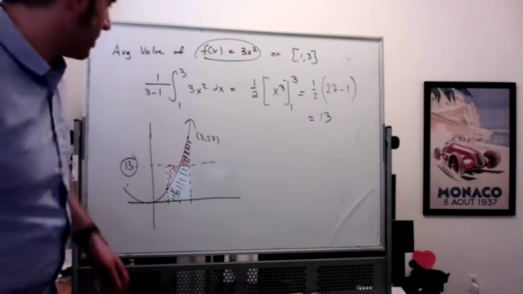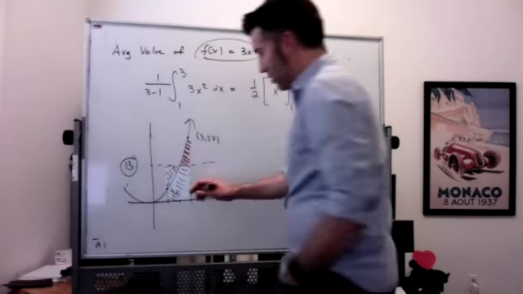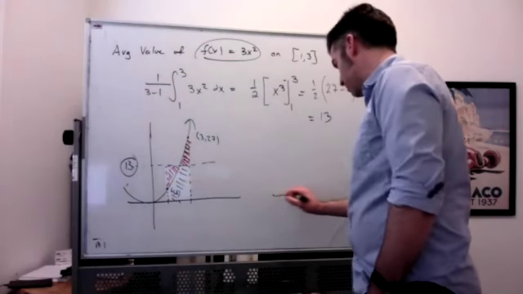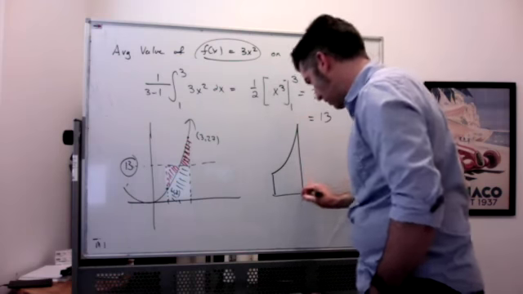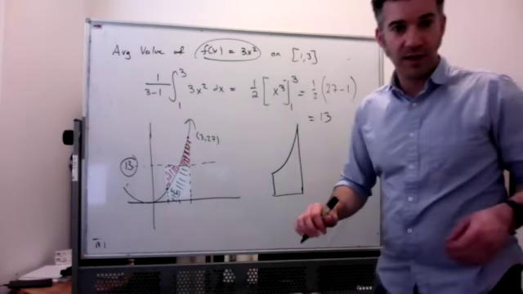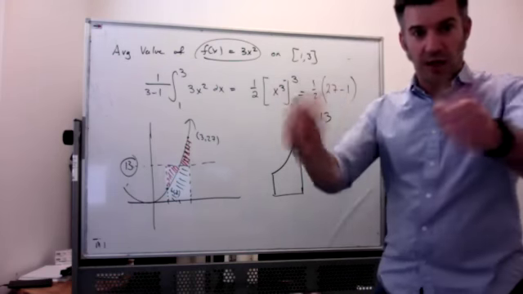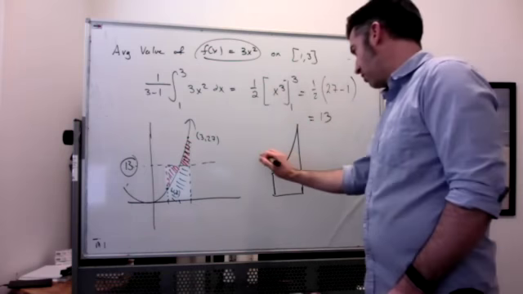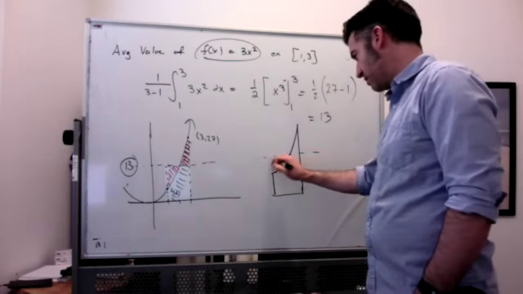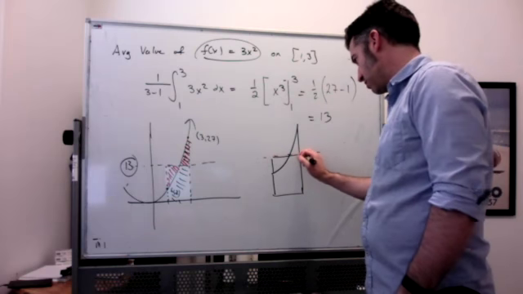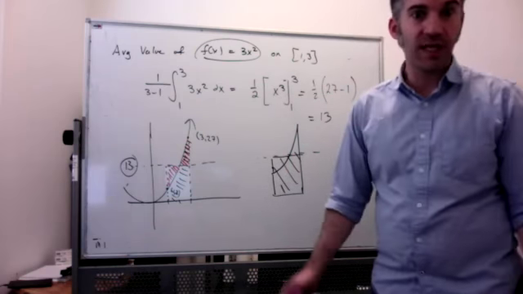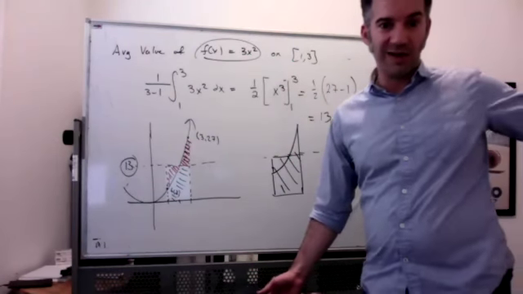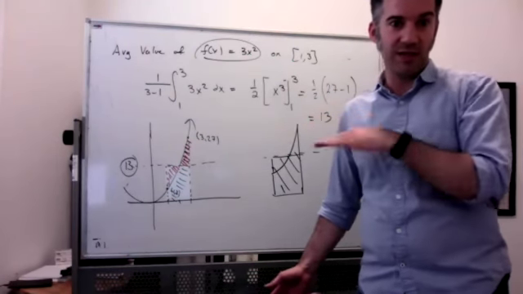Or you could think of this as the ant farm. And when you shake it up, it all levels out to being just at this height here. That's average value. Same amount of area, just all at the same height, is what average value is: that height.